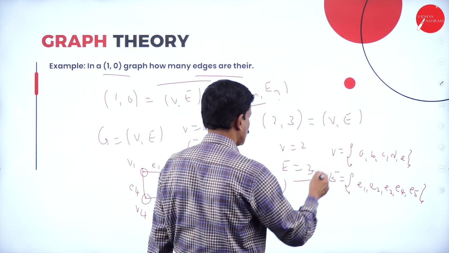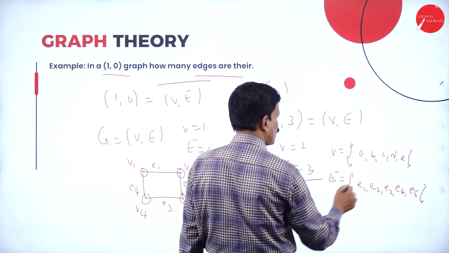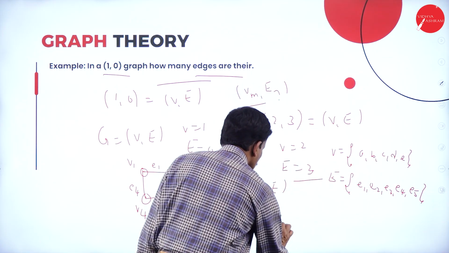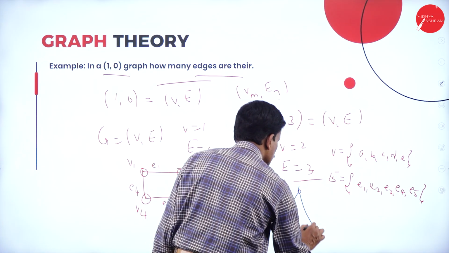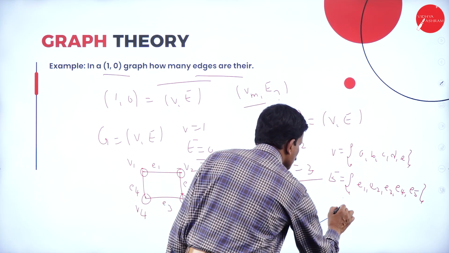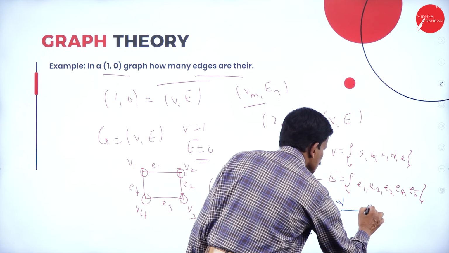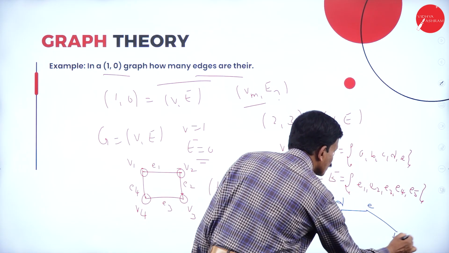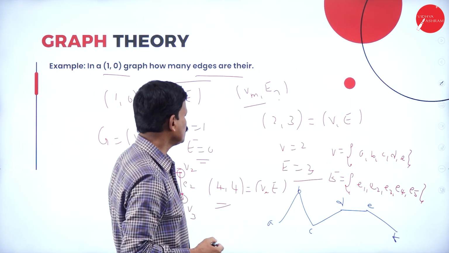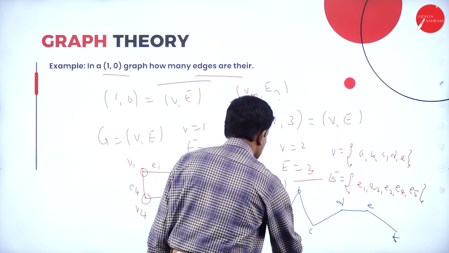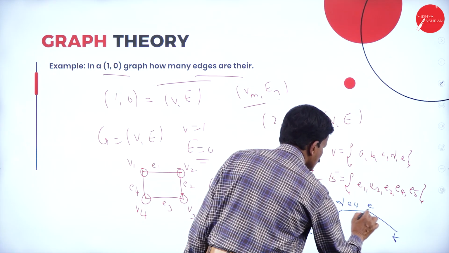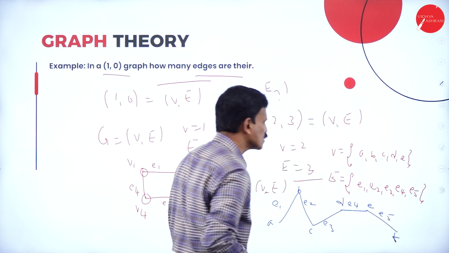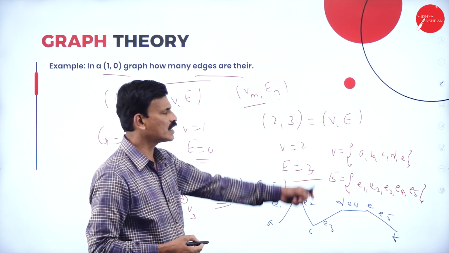This contains 5 vertices: A, B, C, D, E. The edges are E1, E2, E3, E4 and E5. This is how we are going to draw a graph for this.